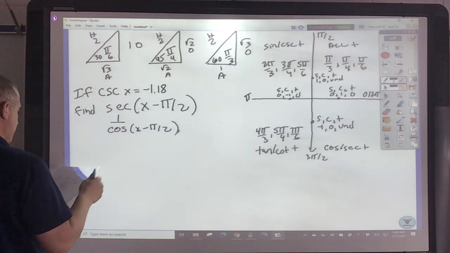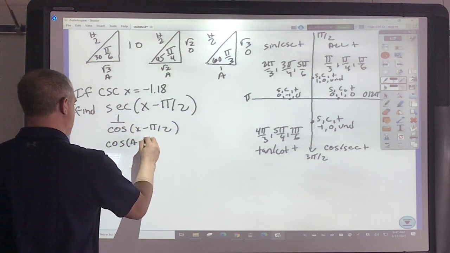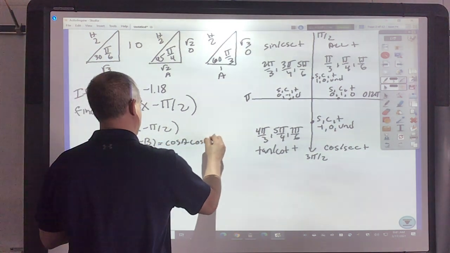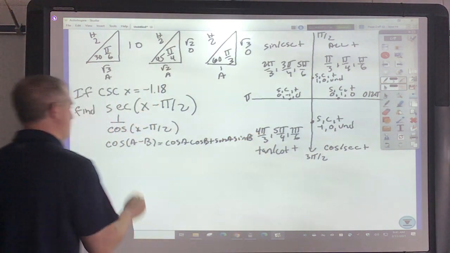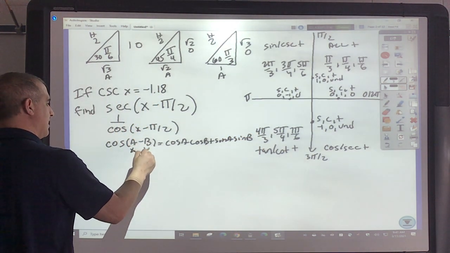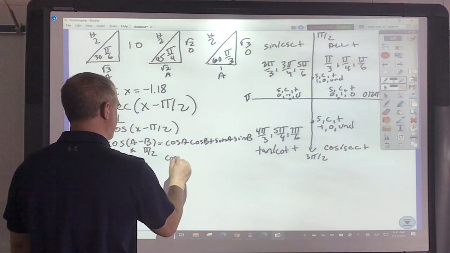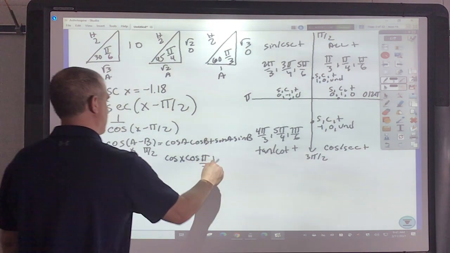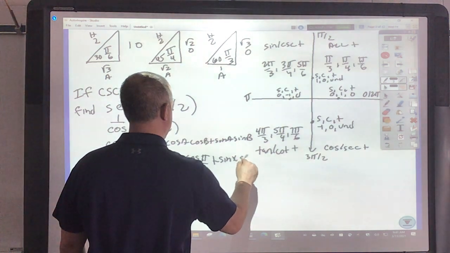So the formula there would be cosine of A minus B. It'd be cosine A cosine B plus sine A sine B. You don't have to write it down, but it will help with the process. So this will be my x, and this will be my A and this will be my B. So cosine of x, cosine of pi over 2, plus sine of x and sine of pi over 2.